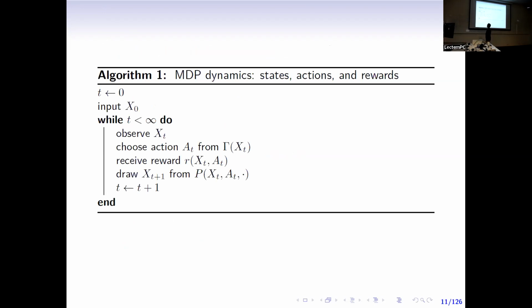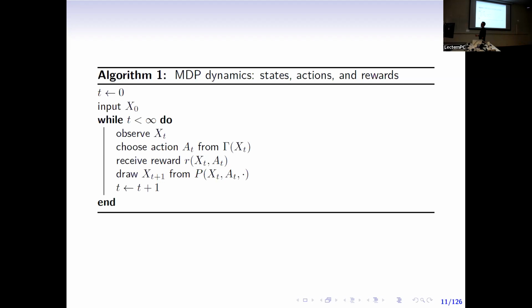Okay, and then the Markov decision process is going to evolve like this. We start with an initial state, and then we loop forever, in other words, infinite horizon. I'm going to focus entirely on infinite horizons here. You can actually embed finite horizon problems in infinite horizon problems just by having an extra state variable, so there's not much loss of generality.